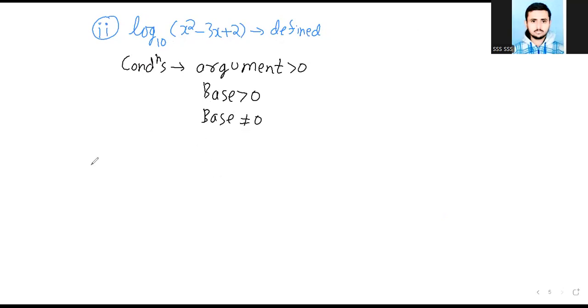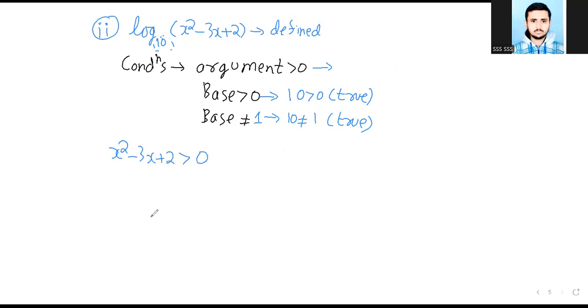Now, as we can already see, the base is a fixed number, so we can check that directly. 10 is greater than 0. This is always true, so we don't need to check it further. The second condition is the base should not be equal to 1. So 10 is not equal to 1. This is also always true, so there's no problem here. Now the last condition is argument should be positive. That means x squared minus 3x plus 2 is greater than 0.